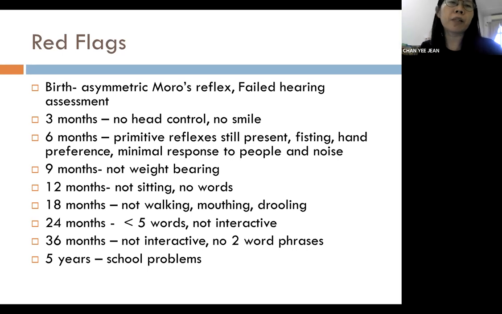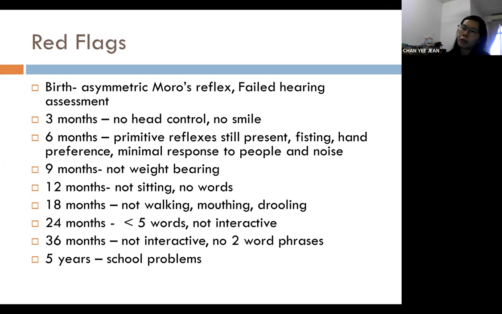Hand preference usually comes only after about 2 years of age. So if very early on they already prefer one side, just the right side or the left side, then you're going to be worried about a neuromuscular problem, or maybe the child had a neonatal stroke, right? So only one side. When the child has minimal response to people and noise, think of deafness or autism spectrum disorder.